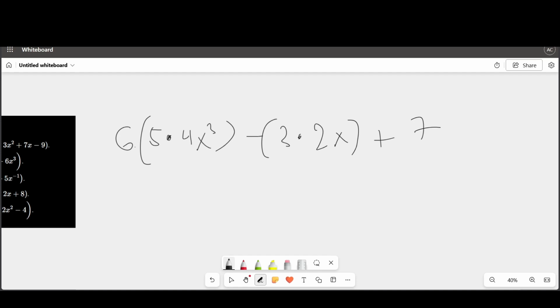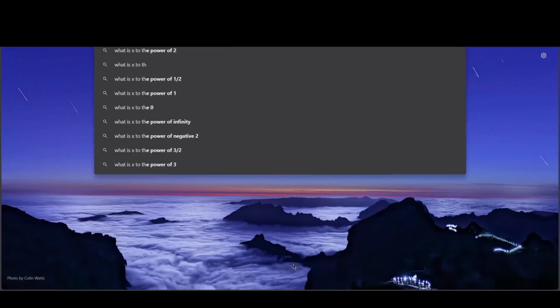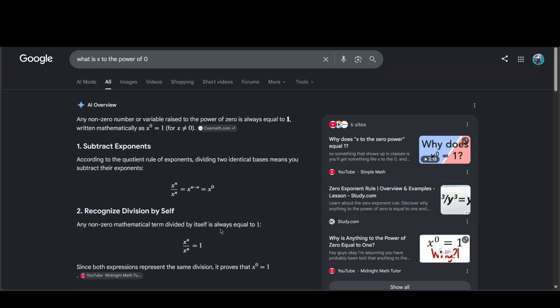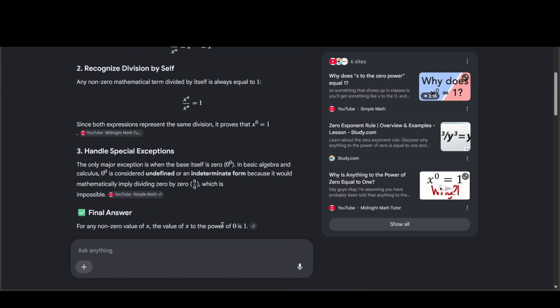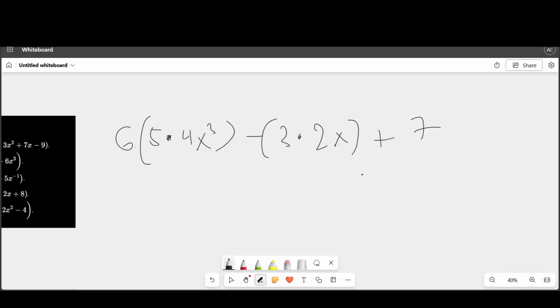So it's going to be x to the power of 0. What is x to the power of 0? I believe it's 0, right? It's either 0 or 1. Okay, x to the power of 0 is 1. So it's going to be just 7 here, and minus 9.